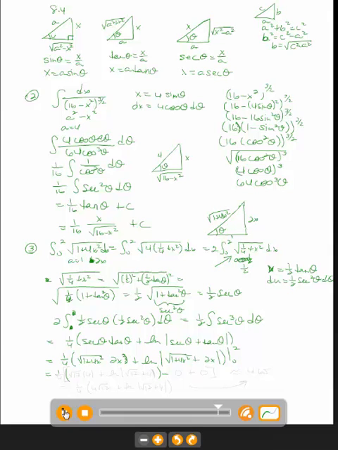So we end up with 1/4. Sticking in a 2, we get square root of 17 times 4. I'll put it like that. And then we get plus the natural log of square root of 17 plus 4. And then we're subtracting the zeros.